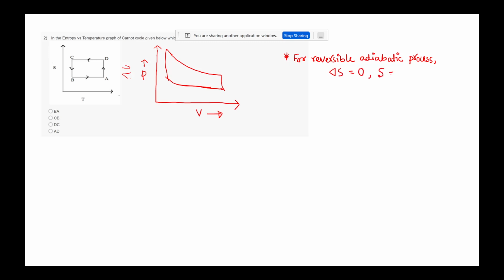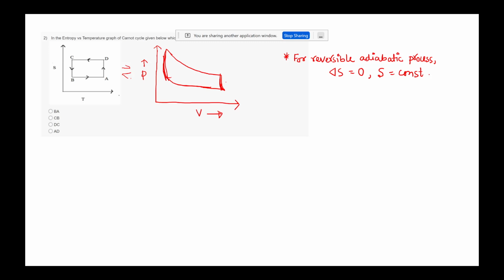So S is constant. Let's identify where S is constant. So CD and AB, these two processes, this one and this one, have constant entropy. But which one is which? That we have to identify.